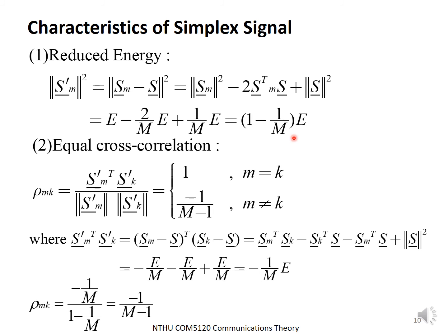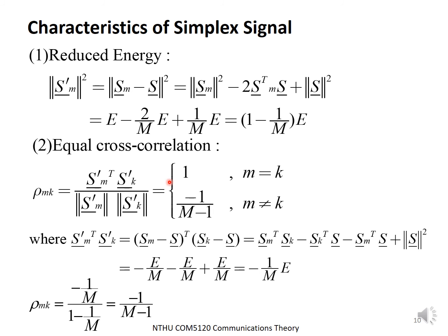Okay, and the second characteristic of simplex signals is the equal cross correlation. By definition, the correlation coefficient is the normalized inner product of the normalized simplex signals Sm prime and Sk prime.